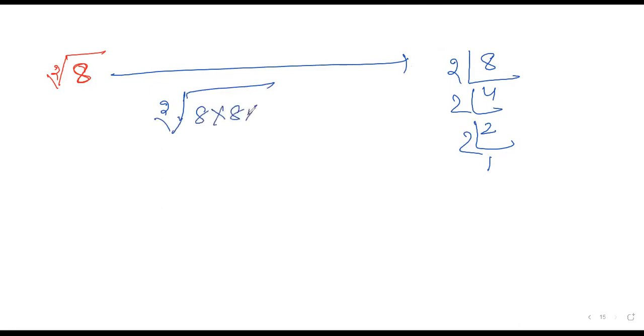Sorry, I wrote it wrong. The multiples I should write are 2 into 2 into 2. According to the methodology, the same kind come out. Here there are two 2s, so one 2 should come out.